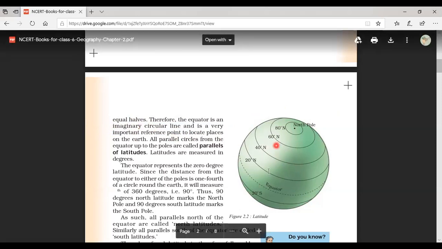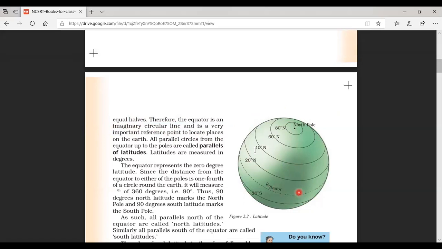So here now, the lines. This is my equator. You can see the equator at 0 degree.